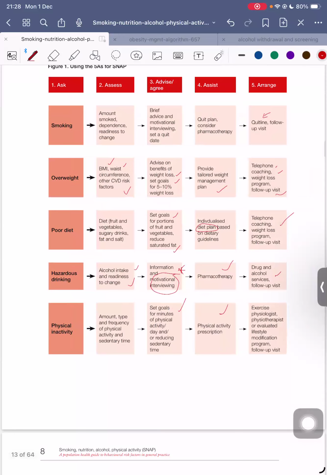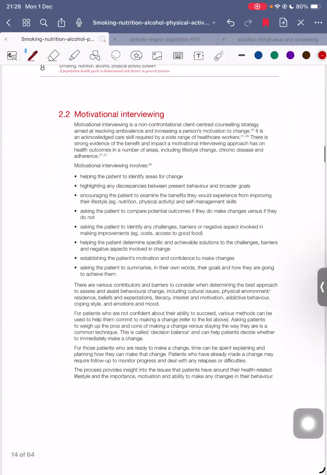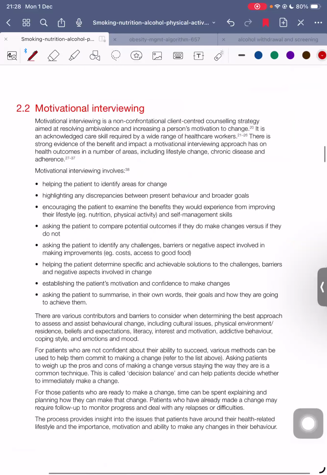Remember this motivational interviewing part. I'll explain why. So what is motivational interviewing? It involves helping the patient to identify areas for change, highlighting discrepancies between present behavior and broader goals.